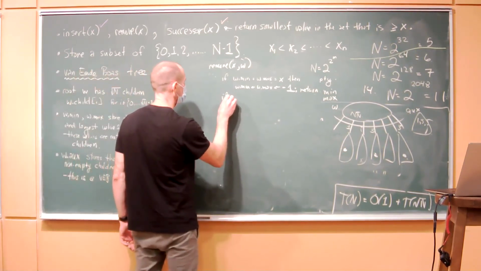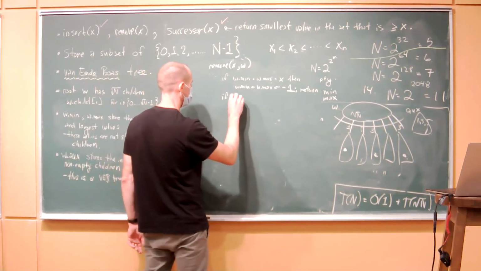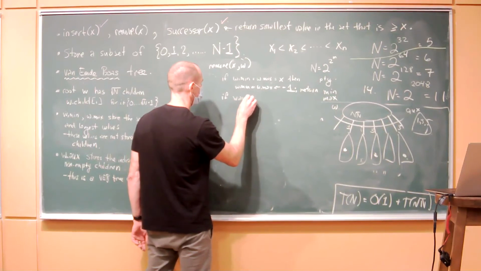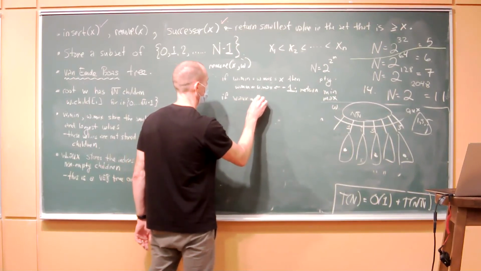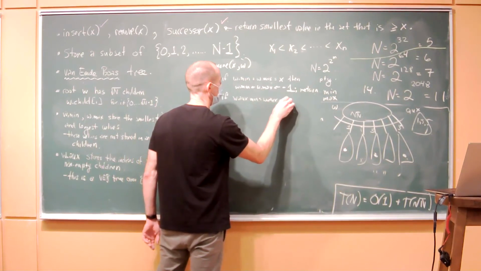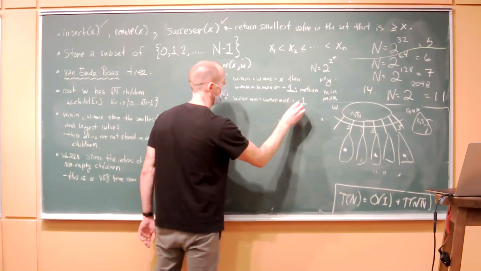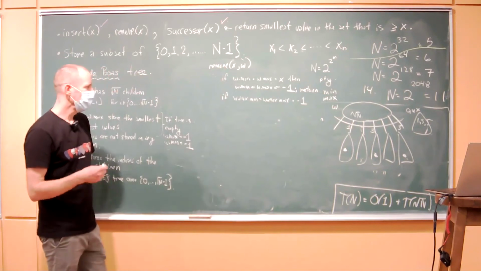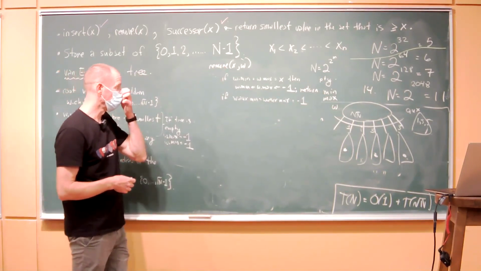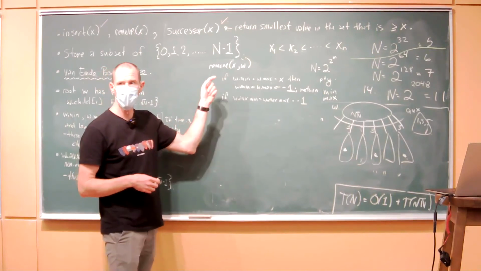So the way we can check that is to say if w.aux.min equals w.aux.max, this is a bit redundant, equals -1. The auxiliary tree is empty, meaning there's only two values in our tree. They're stored in the min and max. There's not only one value, otherwise we would be done already.